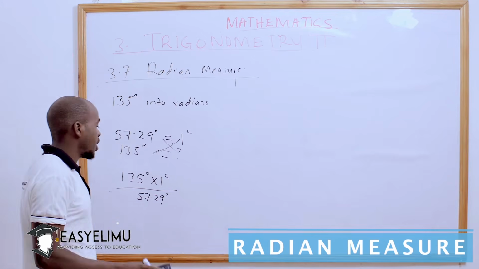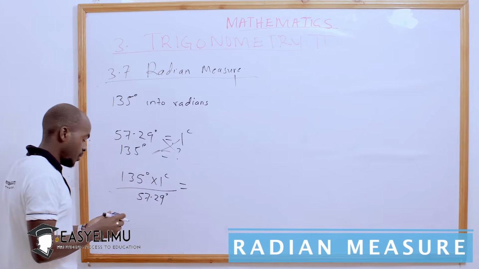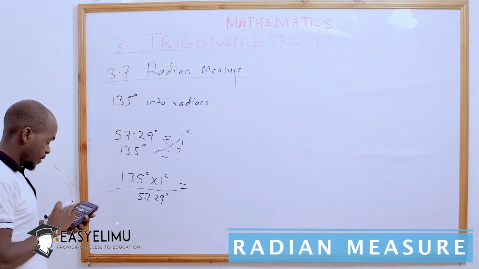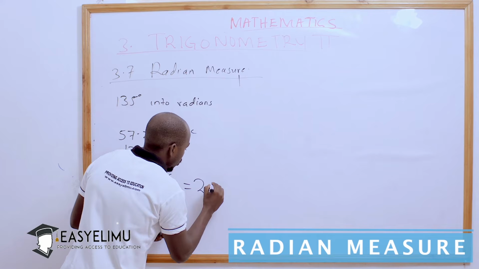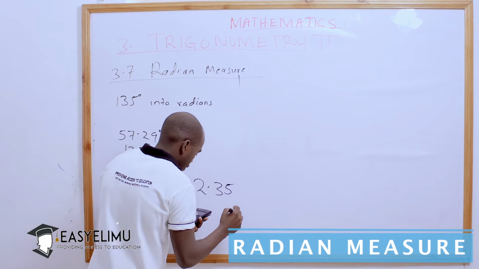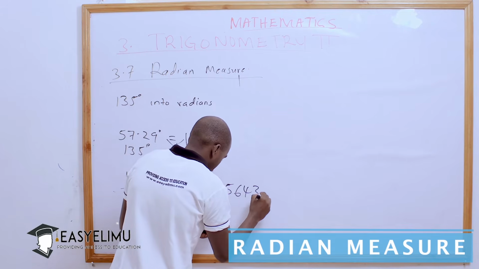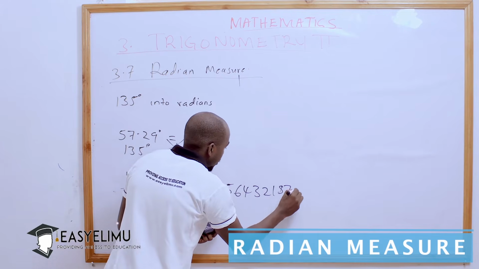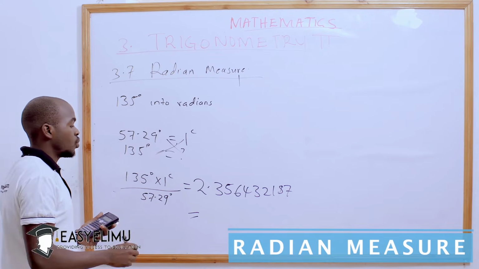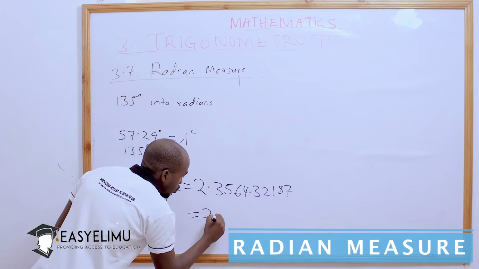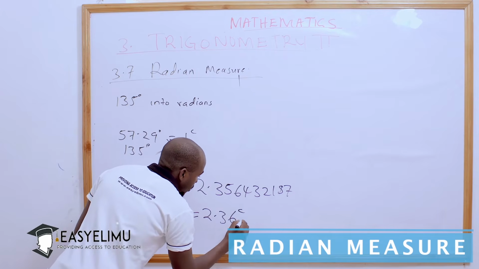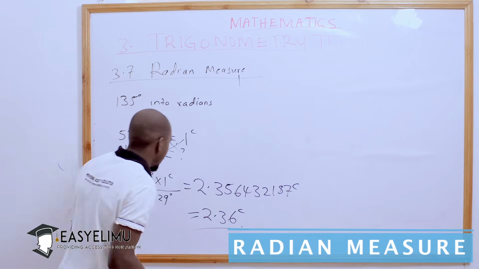Whatever we get there is the radians of 135 degrees. I'm getting 2.356432187, and if I round off to 2 decimal places, I'm going to get 2.36 radians.